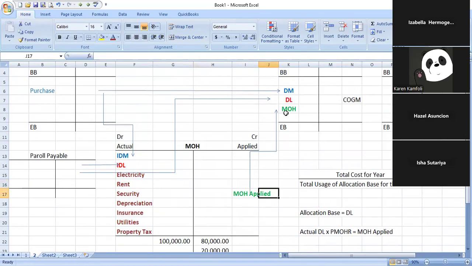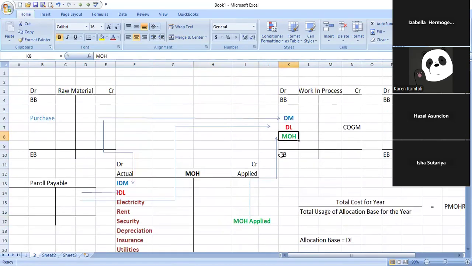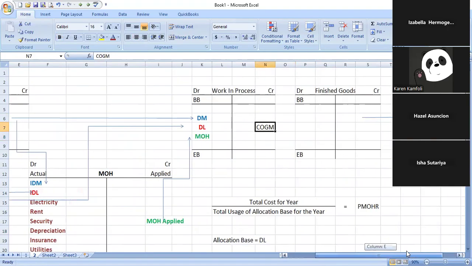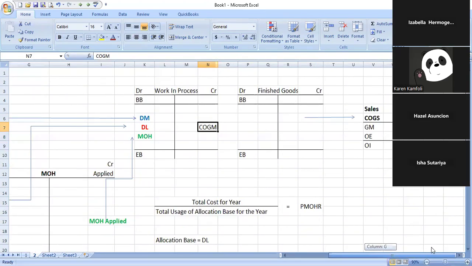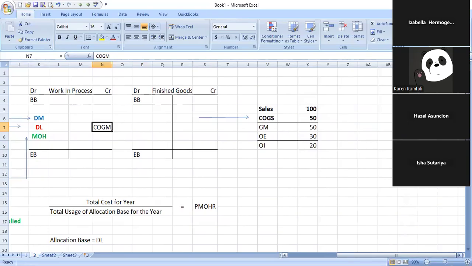Now I'm applying less manufacturing overhead, so manufacturing overhead is understated. My cost of goods manufactured is understated. My product is undercosted. If my product is undercosted, that means my cost of goods sold is undercosted.